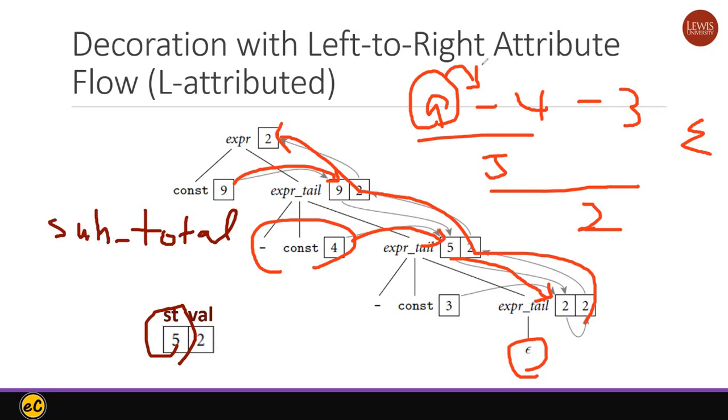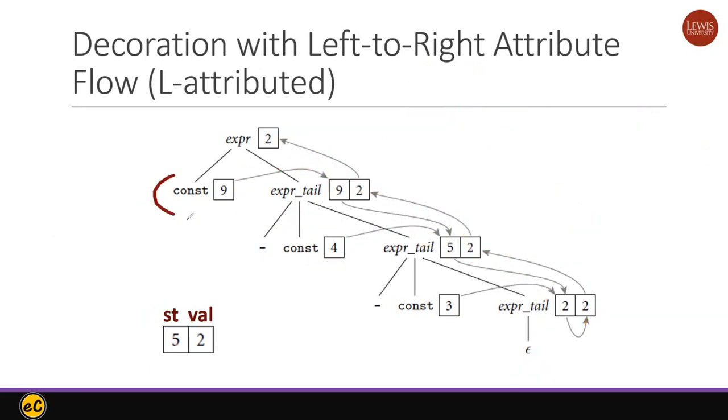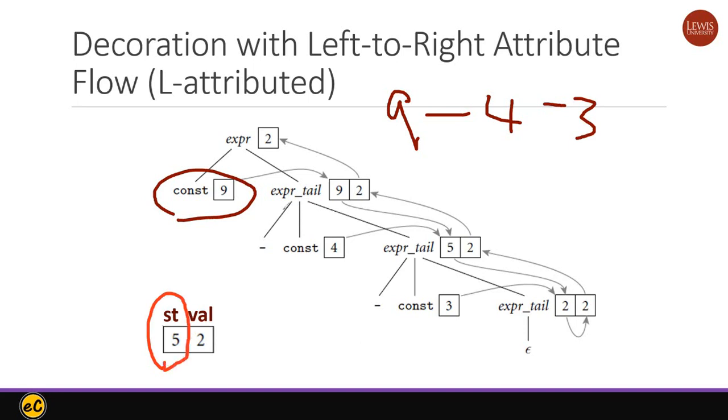This ST here is subtotal. Subtotal means the left-hand side values' total. Is that okay? You do have 9 minus 4 minus 3, and its left-hand side subtotal is actually an attribute.